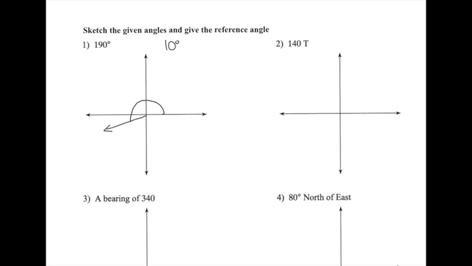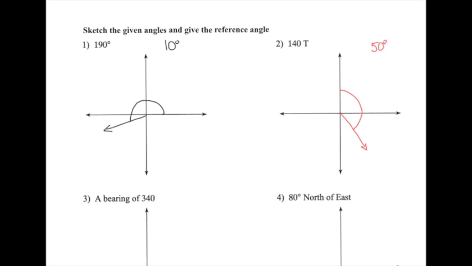So I'm going to start due north, and I'm going to go clockwise 140 degrees, which means I'm going to start here, go here and around to there and drop it at 140. So then my reference angle is closest to the x-axis. What is my reference angle here? 50 degrees. I went 90, then another 50 to get to 140.